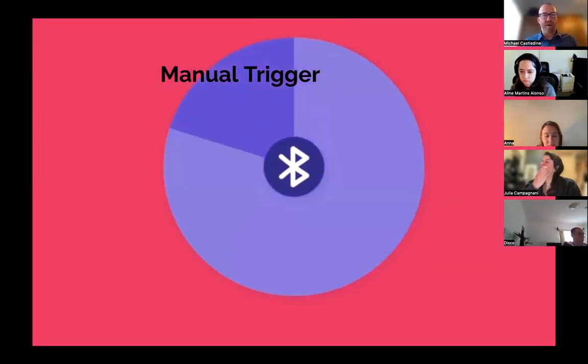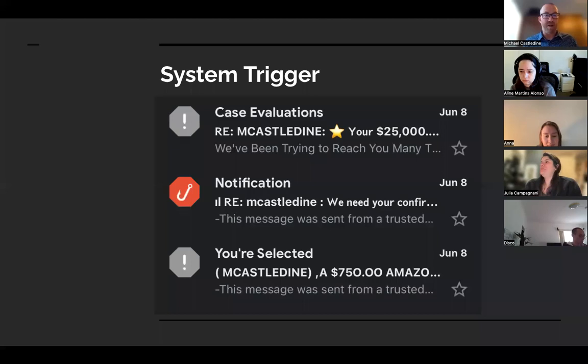The other type of trigger is a system trigger. An example is, you can go into your Gmail, and the system trigger sets up a particular condition or a set of rules that the user might want to see. It's sort of like an automated trigger.